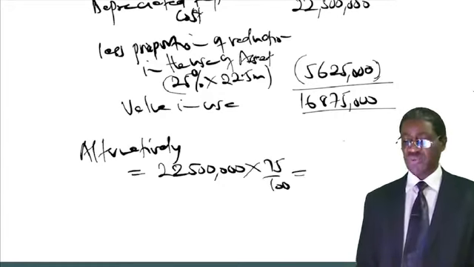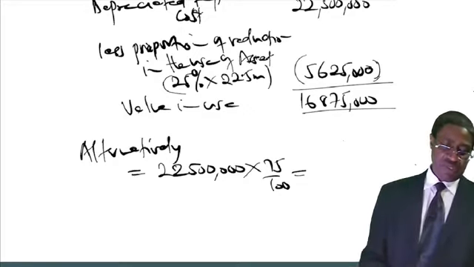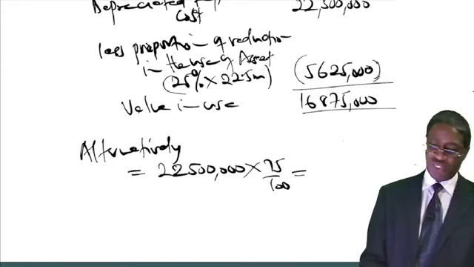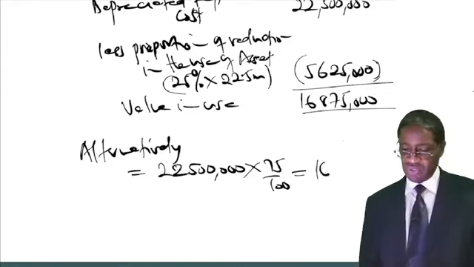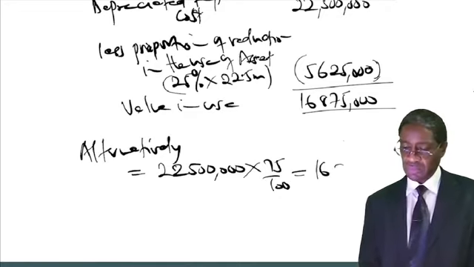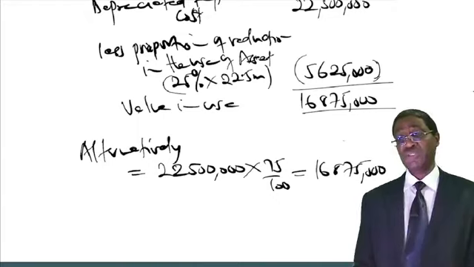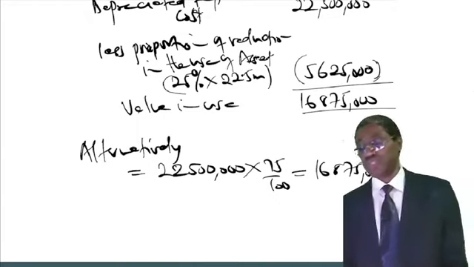Let's see whether it will give me the same. If I take 75% of 22,500, that comes to 16,875. Same amount.